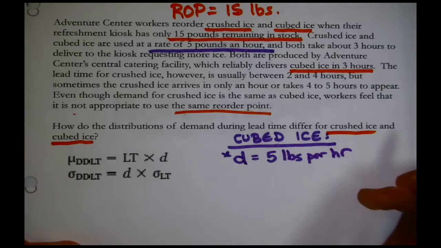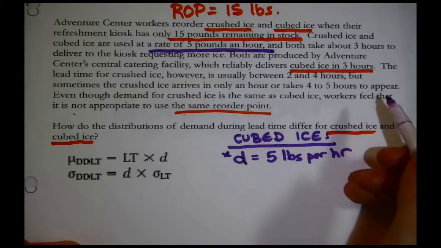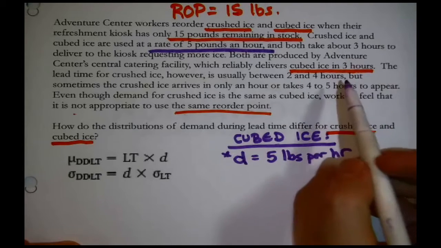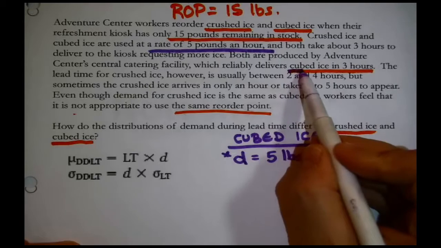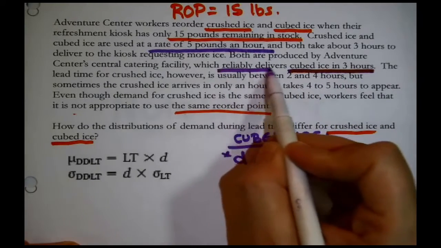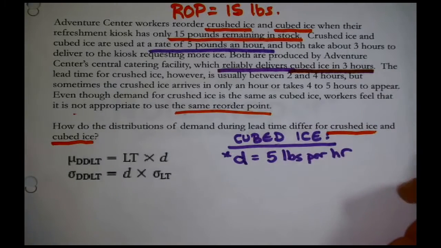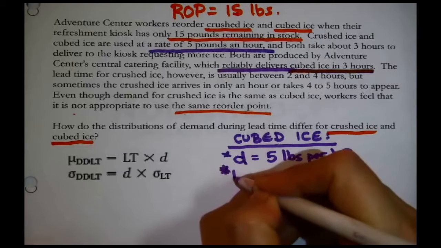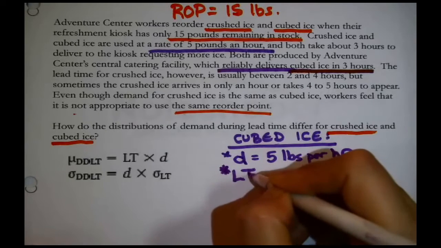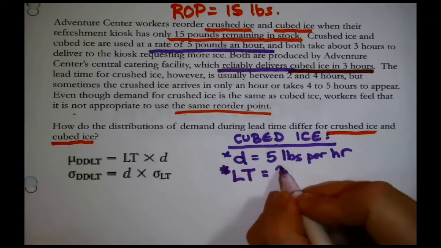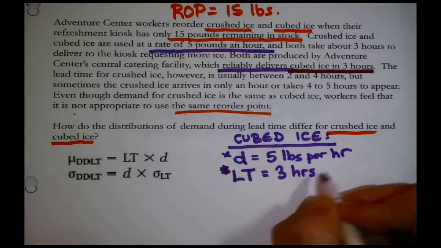Okay. Now, what else? Both take about 3 hours to deliver to the kiosk, but, and I had underlined it before, cubed ice, just cubed ice, it says reliably delivers in 3 hours, which means that's exactly what happens. Oh, wait a minute, this issue of the wait until they get more cubed ice is LT, the lead time, and they're saying that the lead time is 3 hours.